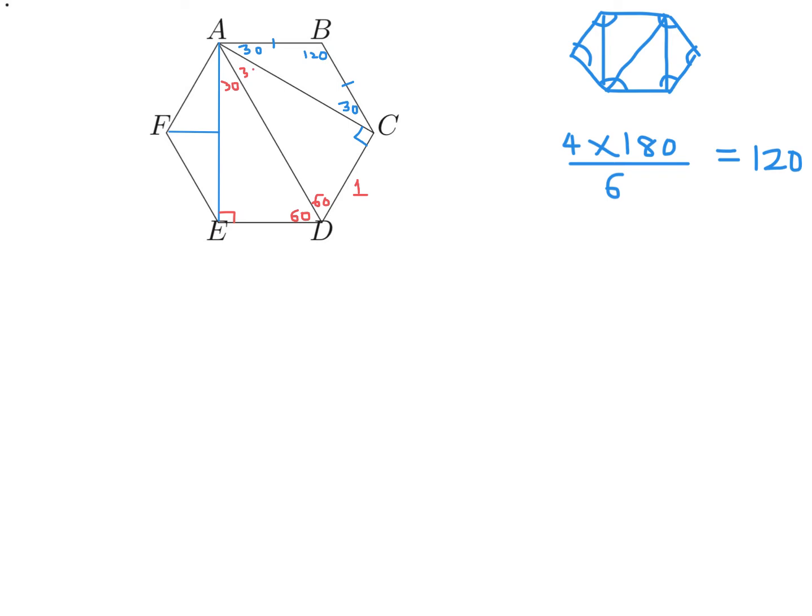And therefore this is 30, and this is 30 also. And this should be 120, and it is. So that's just simple angle chasing. This is 90 since I drew that line as perpendicular, and this is 60. I'm just trying to figure out all the angles. Okay, now that we've done that, we can proceed with the question.